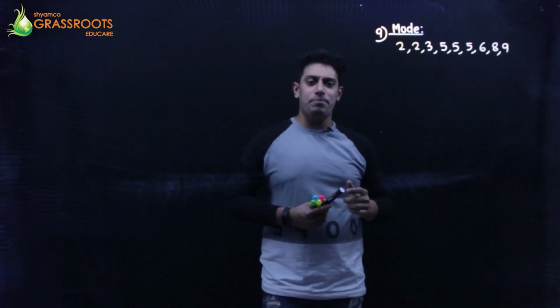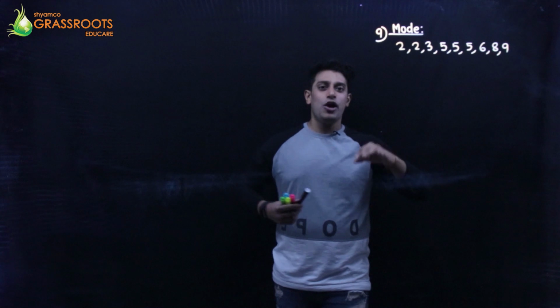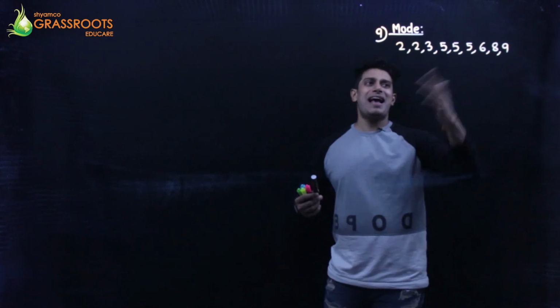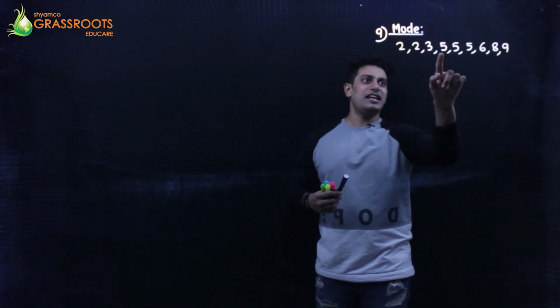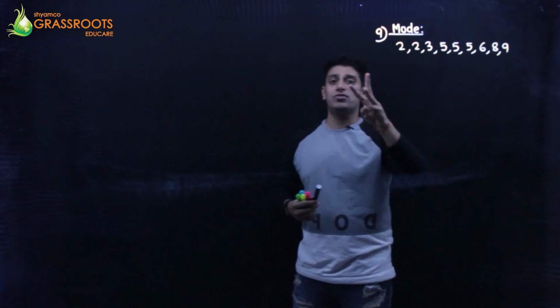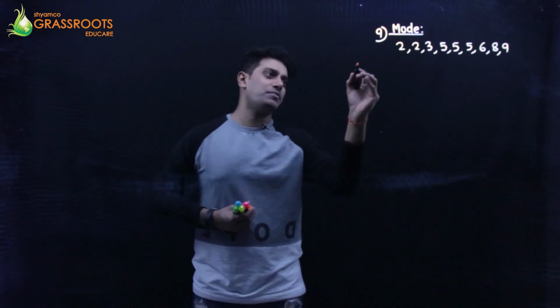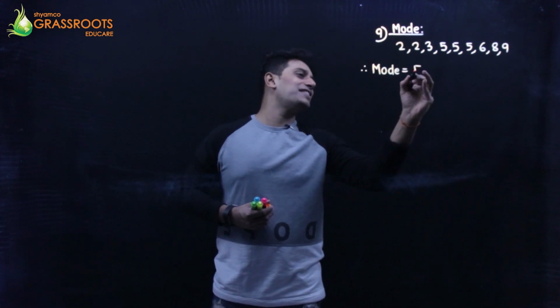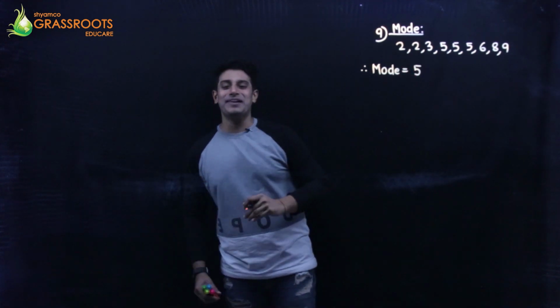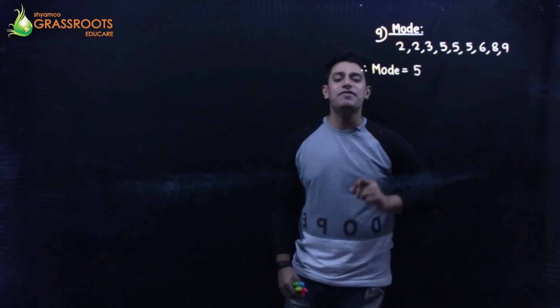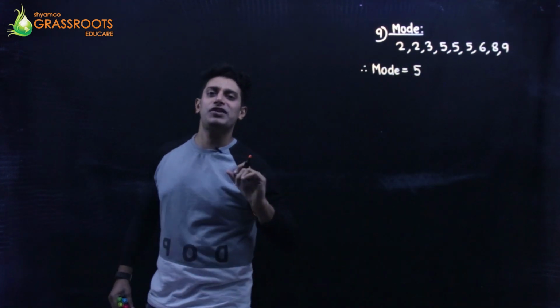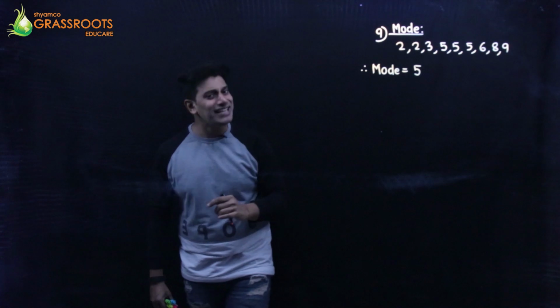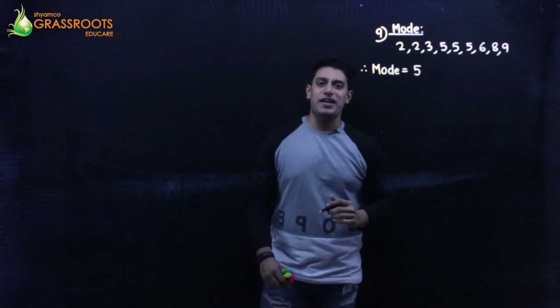Second, which term appears maximum number of times? Can I say number 5 appears 3 times, maximum number of times. So therefore the mode answer is 5. That's it. You just need to write down a statement. Since 5 appears the maximum number of times in this given discrete data, the mode is 5.